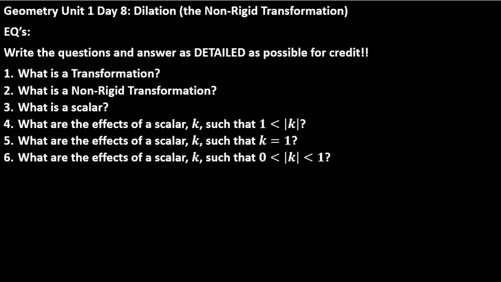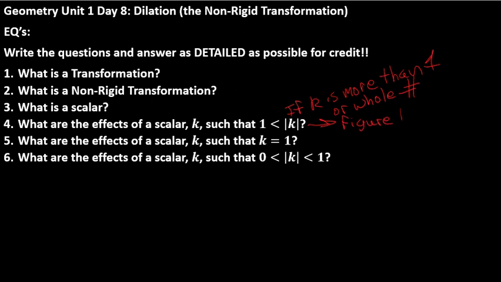So in other words, if K is more than 1, okay, so if K is a whole number, that's probably the easiest way to say it. If K is a whole number, then what happens? Figure gets larger.